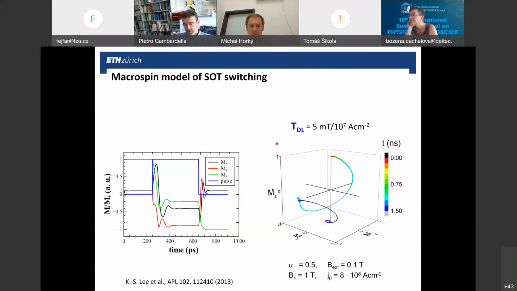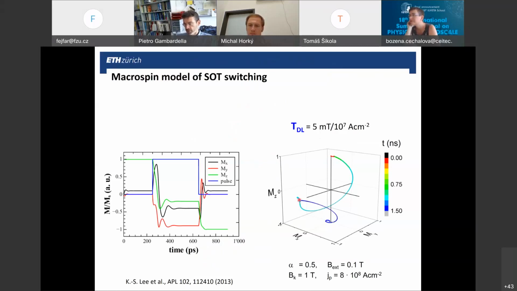In terms of macrospin dynamics, this gives this sort of trajectory here. The magnetization starts from an up state. As the current pulse is on, it tends to align along the spin current, the polarization of the injected spin current. That's the minimum torque direction.